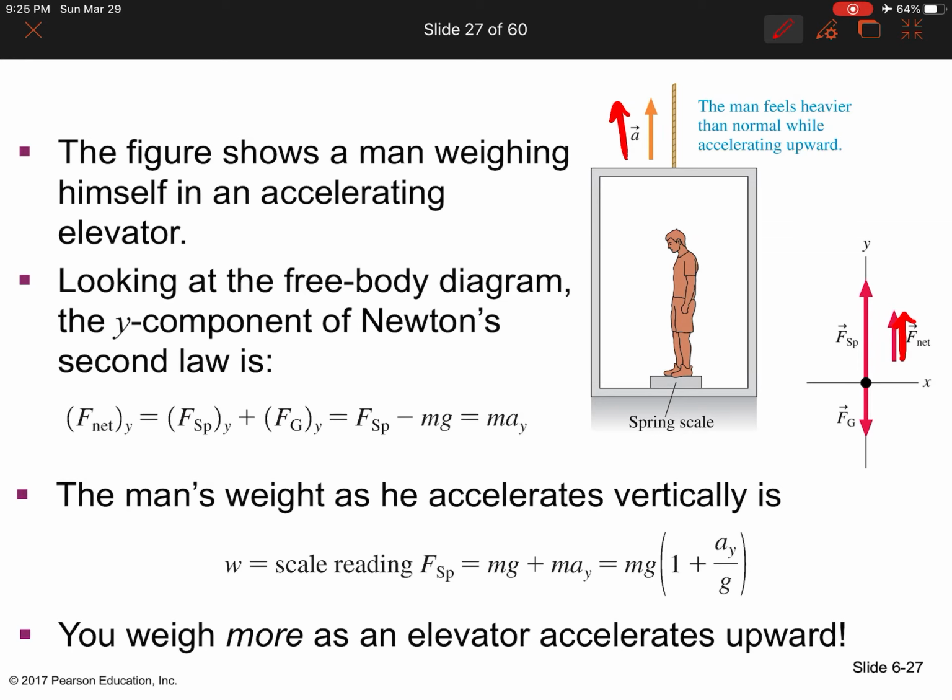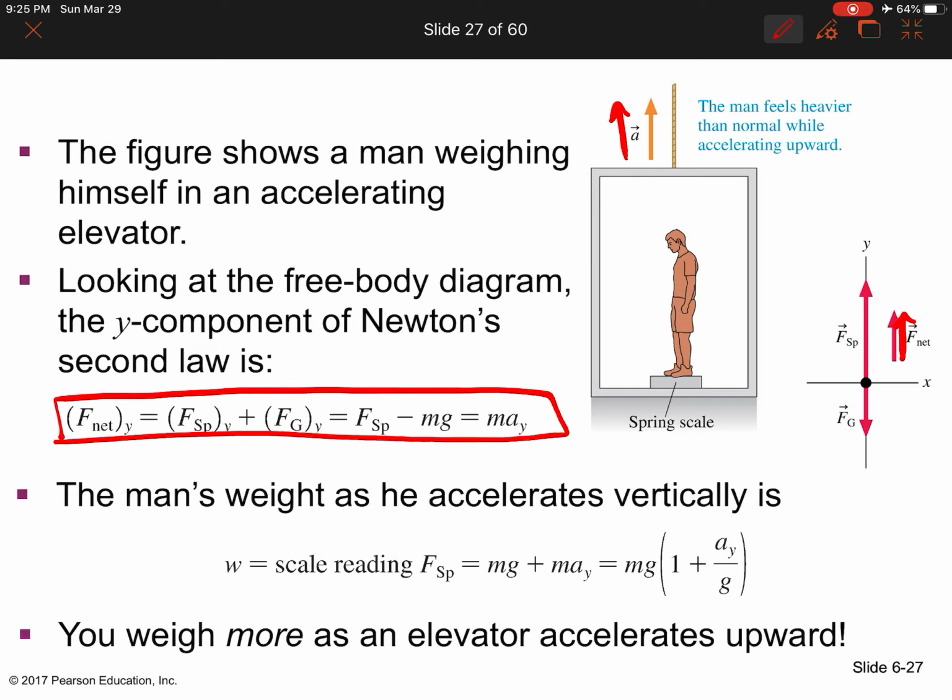So the spring force in this case is larger than the gravitational force that's pulling down. And it gives you this equation here. Okay. And you can use this equation to actually figure out what the weight could be depending on the situation, depending on if they're accelerating up or if they're going down.